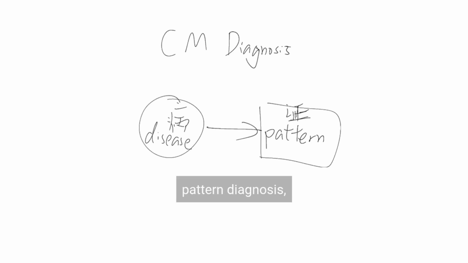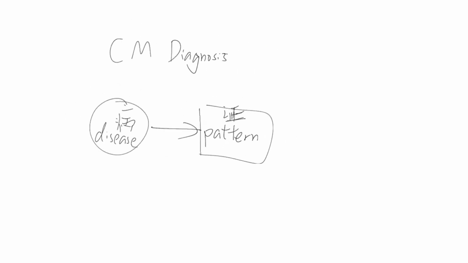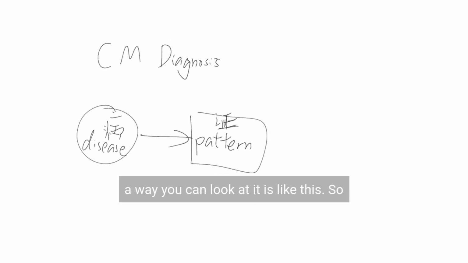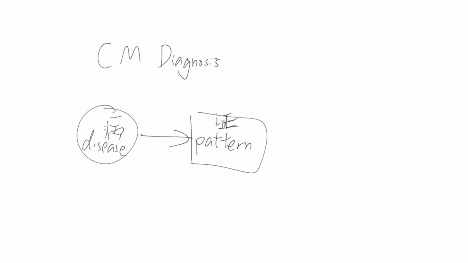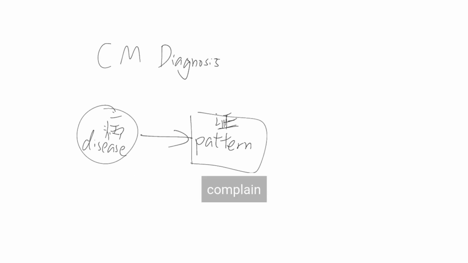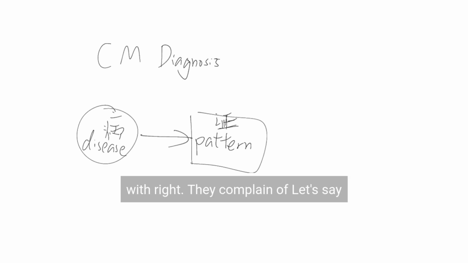And for pattern diagnosis, it's basically at multiple levels. A way you can look at it is like this. Let's say a patient comes in, they complain of, let's say, poor sleep, cannot fall asleep.